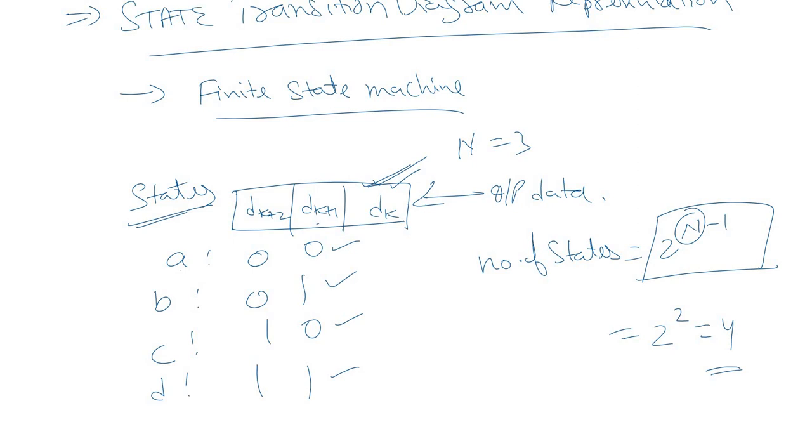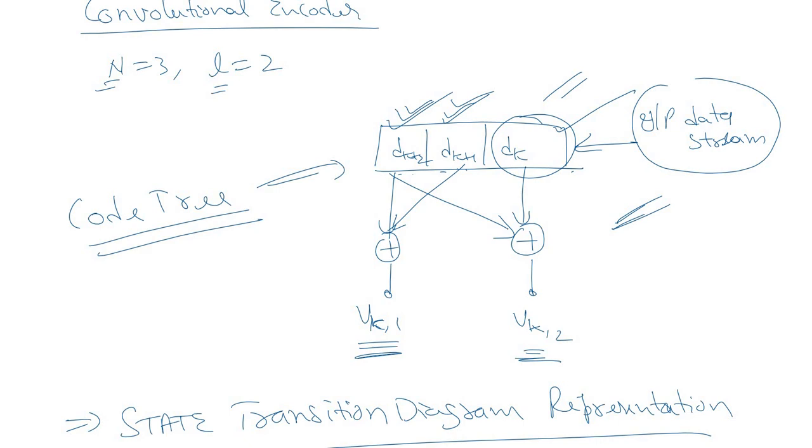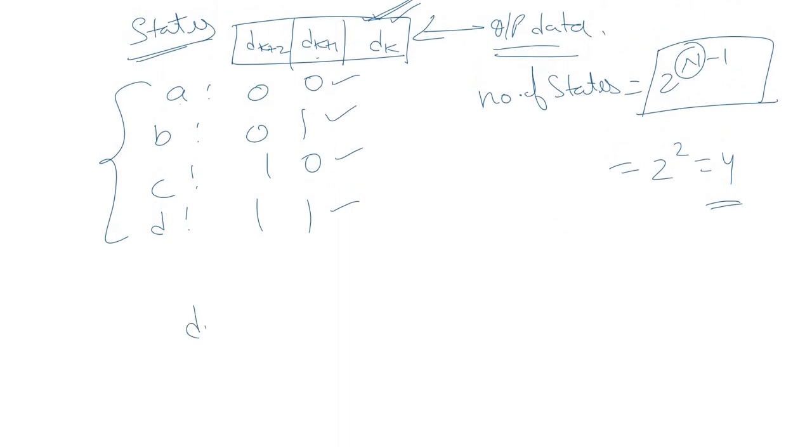Now, depending on the input data and these 4 states, we can easily predict the output of the encoder. This is the encoder diagram. Depending on the input bit and the 2 previously entered inputs, we can find the output. Say DK equal to 0 is the input bit; it can be 0 or 1.